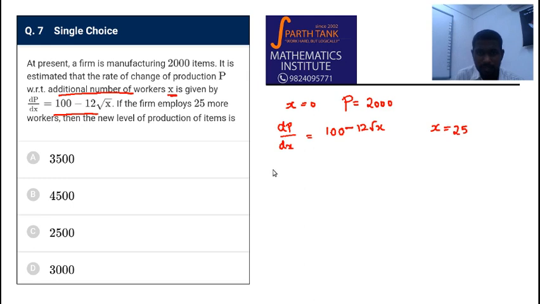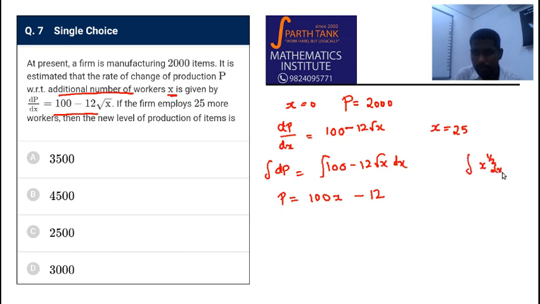So this is a very straightforward integration. If I integrate both sides with respect to x, I get p is 100x minus 12 into, this is x to the power 1 by 2, integral of x to the power 1 by 2 is x to the power 3 by 2 by 3 by 2, right?